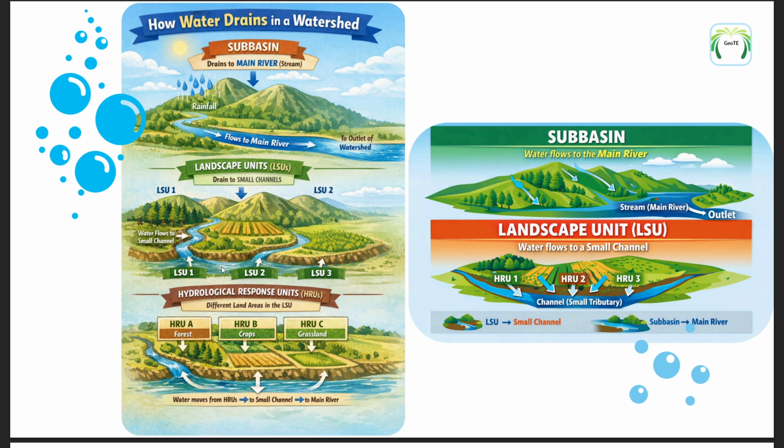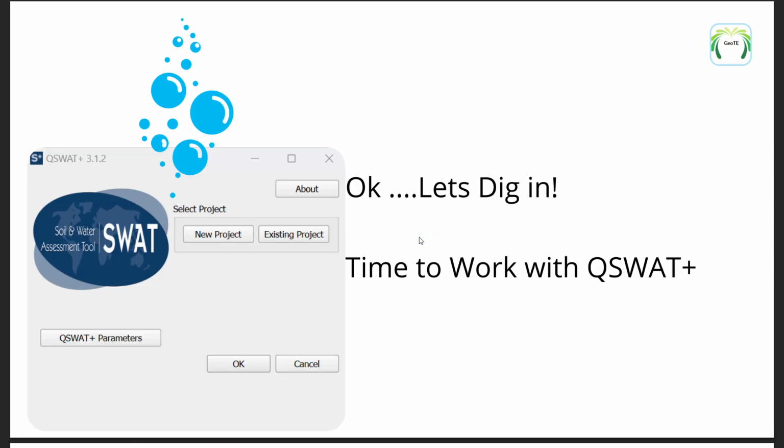Now in SWAT Plus, we are able to simulate landscape processes such as those in the floodplain or in the upper areas. All this makes what we call the sub-basin. And that's how water flows.